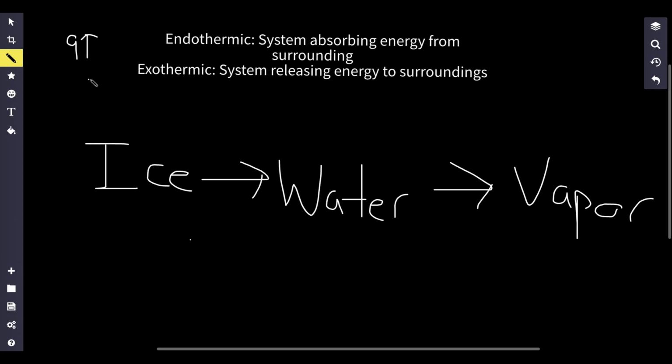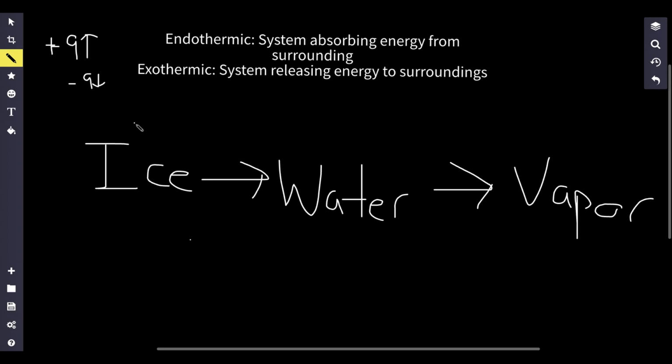While for exothermic, your heat would decrease. It's releasing energy. So for an endothermic reaction, the Q would be positive. But the Q for exothermic, because it's releasing energy, would be negative.